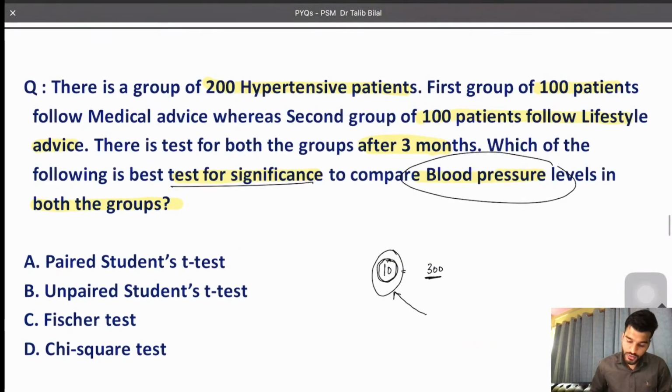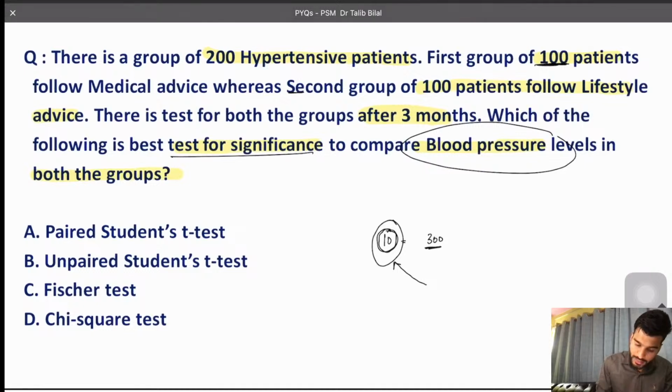Now, if we look in the question, there were two groups, one who are taking the treatment, another one changing the lifestyle. So before and after intervention, we are comparing it between the two groups. Then what will be the answer? Write down in the comment section.